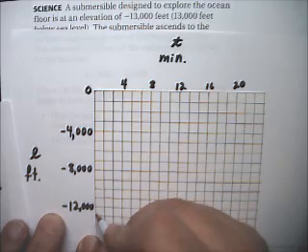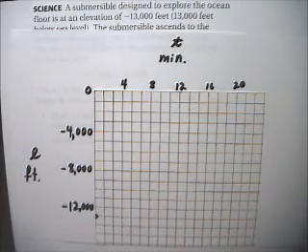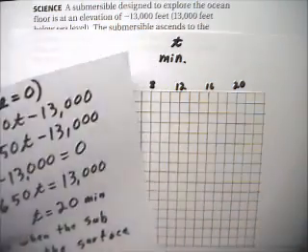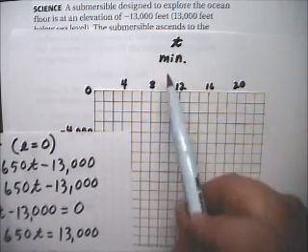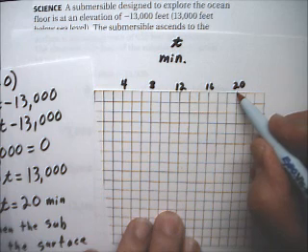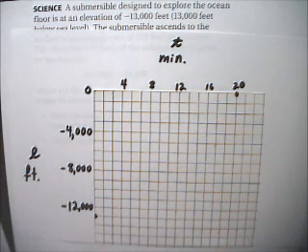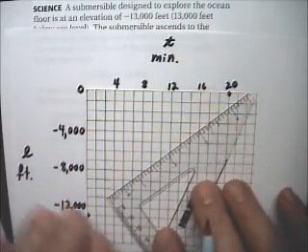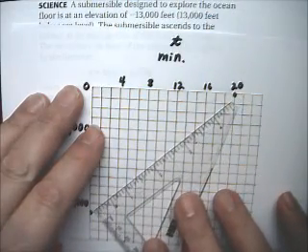So I'll graph that. It's right there. And the t-intercept, this is the t-axis, is equal to 20 minutes. So the t-intercept is there, and now I can graph this.